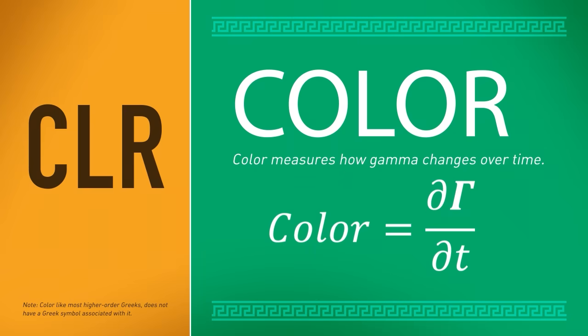Now, you might remember that there's another Greek that we've already covered, i.e. gamma, that is price, then price. So if you think about color, it's essentially the derivative of gamma with respect to time. Okay, so there's the math. But what does that actually mean? Like, how can we actually use that? Well, here we go.